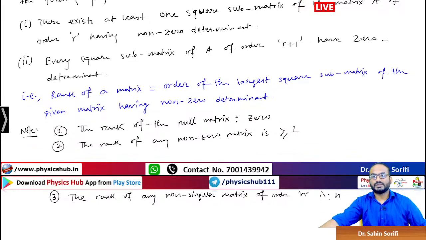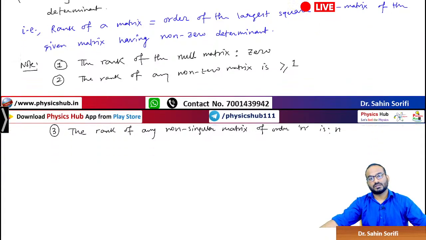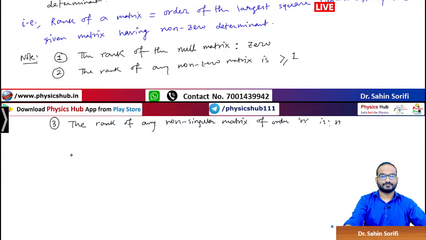If you get a non-zero determinant for the matrix itself, that is the largest square submatrix with non-zero determinant, so its order will be the rank.